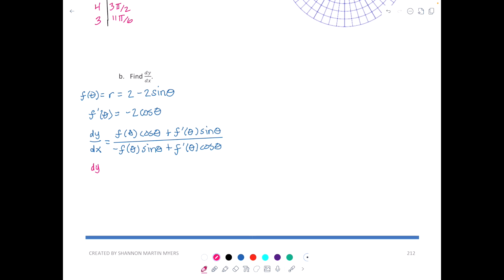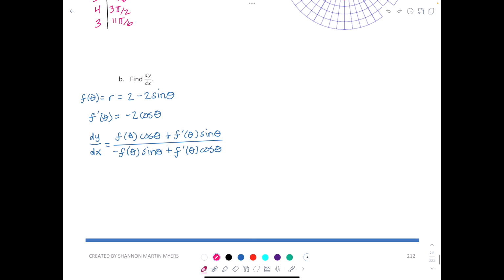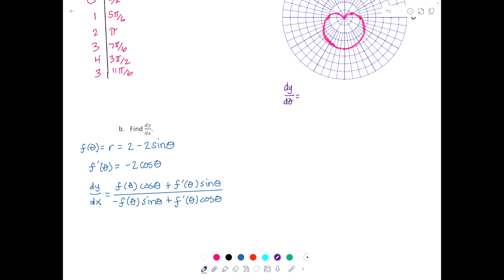I want to be consistent, I did it in purple. So we'll do this. Dy d theta is equal to f of theta, which I'm going to write in its original form, 2 minus 2 sine theta.